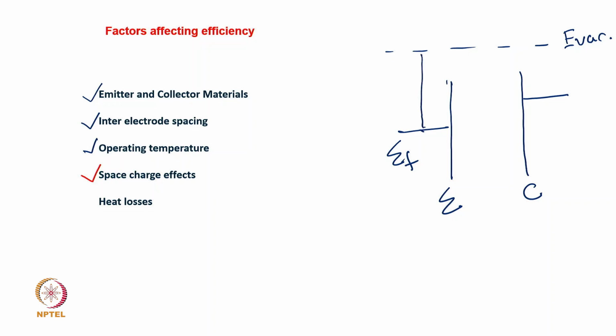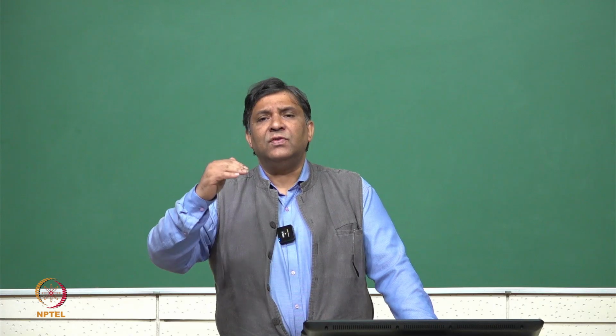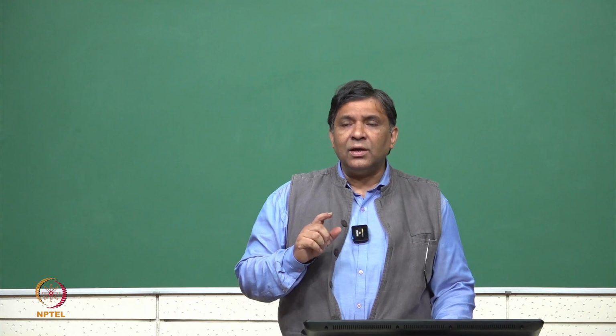So, this is phi E and this is phi C. We can have an extra potential developed here, and this extra potential actually comes from space charge. So, that means due to space charge, the electron finds another barrier, and this barrier has to be reduced.